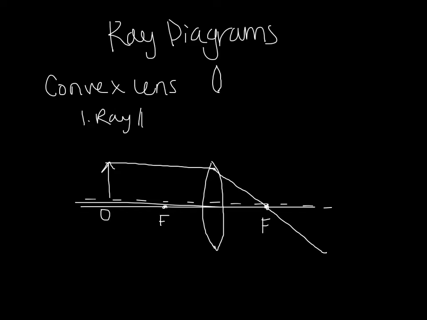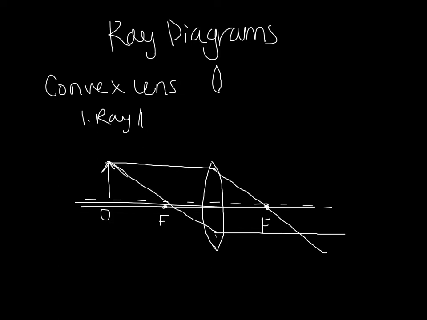And our second rule of thumb is that a ray traveling through the focal point, that's supposed to be directly through it, will come out parallel. And then a ray passing through the center of the lens will continue in the same direction.